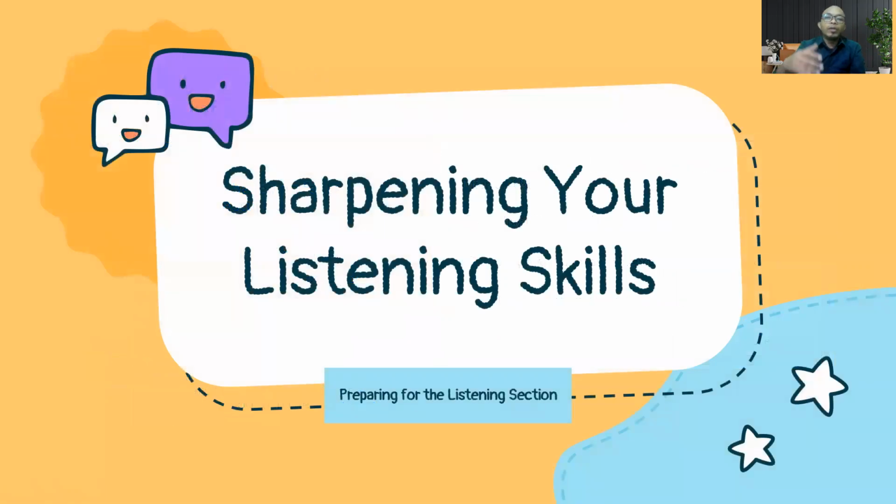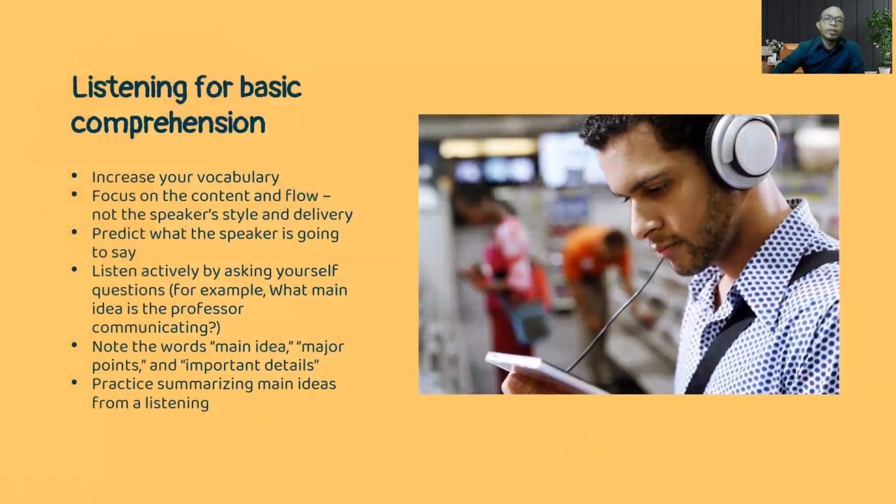Okay, so how do you improve your listening skills to tackle the TOEFL iBT listening section? So first of all, you need to improve your listening for basic comprehension skill, okay? And you can do this by increasing your vocabulary, especially academic vocabulary. Remember, all about TOEFL iBT is academic.